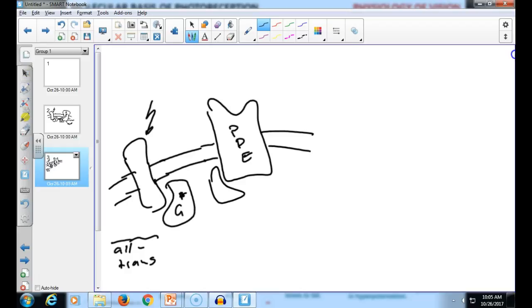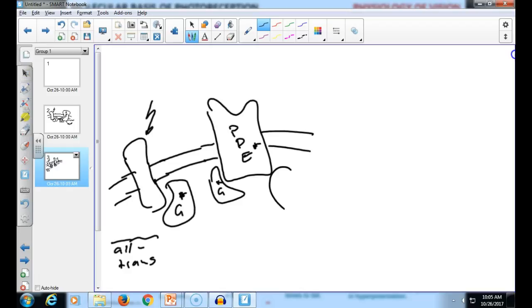Okay? So phosphodiesterase gets activated. What does it do? It breaks down some molecule, right? Again, I want you to focus on the concept, the conceptual part. So some signaling molecule gets destroyed. It's cGMP that gets destroyed.